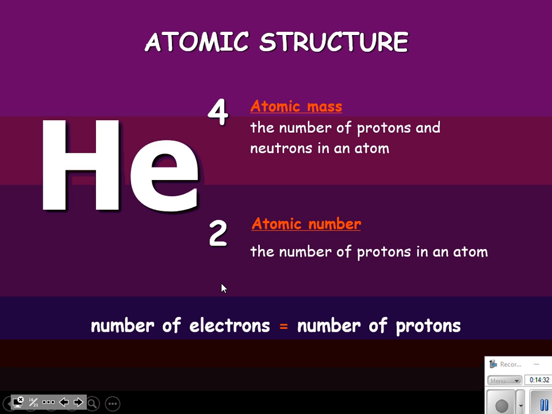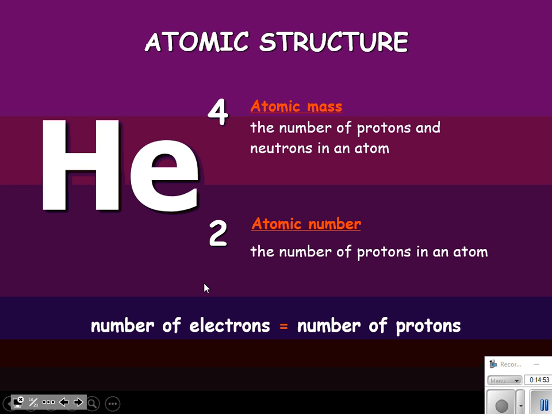If we have an electrically neutral atom, the number of protons is equal to the number of electrons. Protons equal electrons if the atom is neutral.